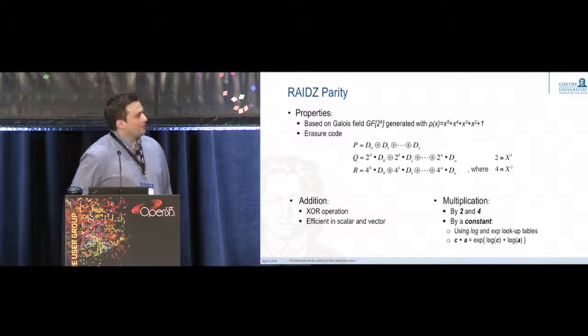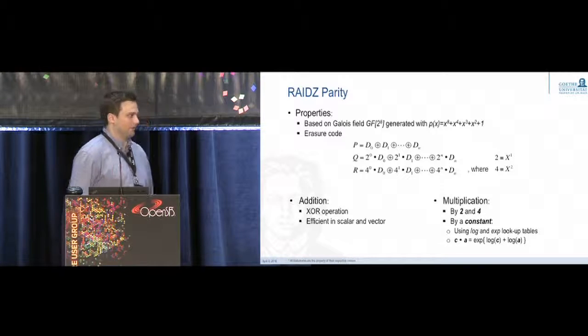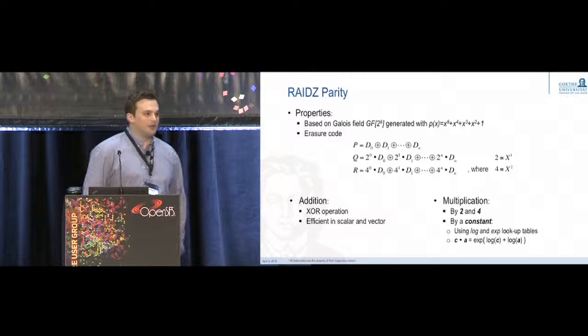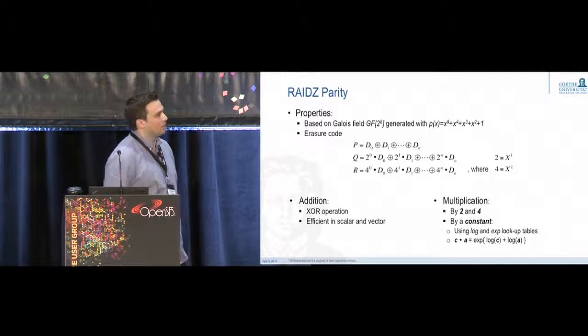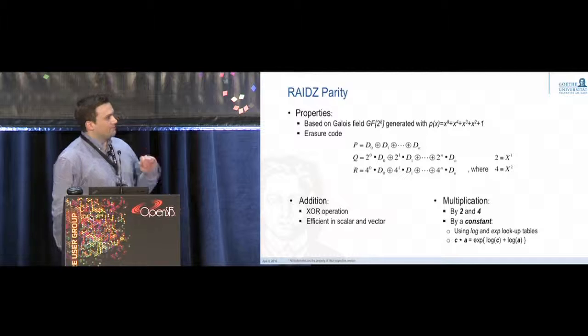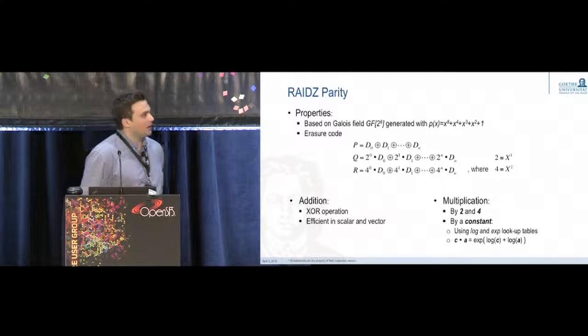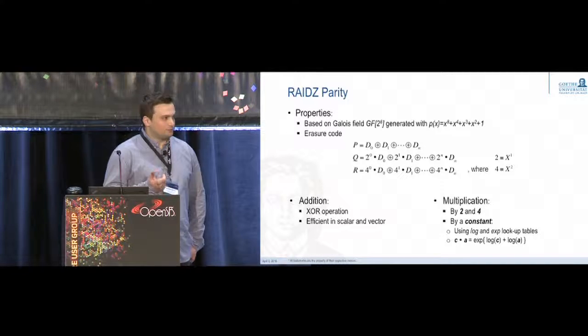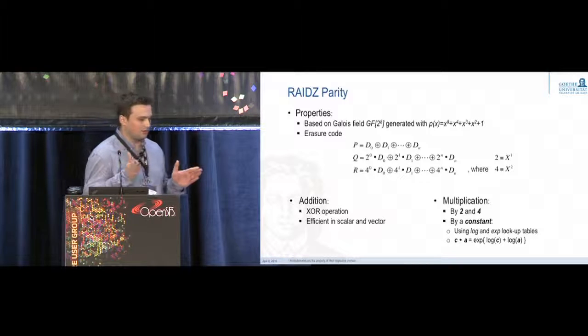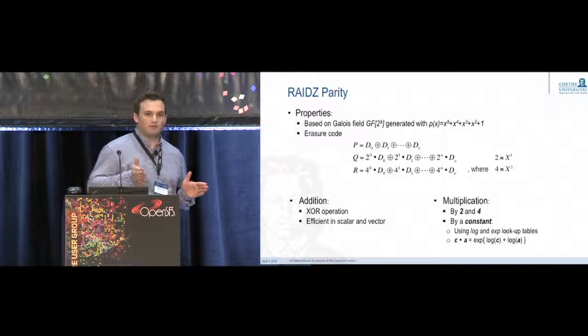And the erasure code is specified by these three basic equations for the parity. So parity P is built for RAID Z1, P and Q are built for RAID Z2, and all three, P, Q, and R, are computed for RAID Z3, where D0 to Dn are data sectors, data that are coming from the data disks, but n is not the number of disks that we put in a pool.